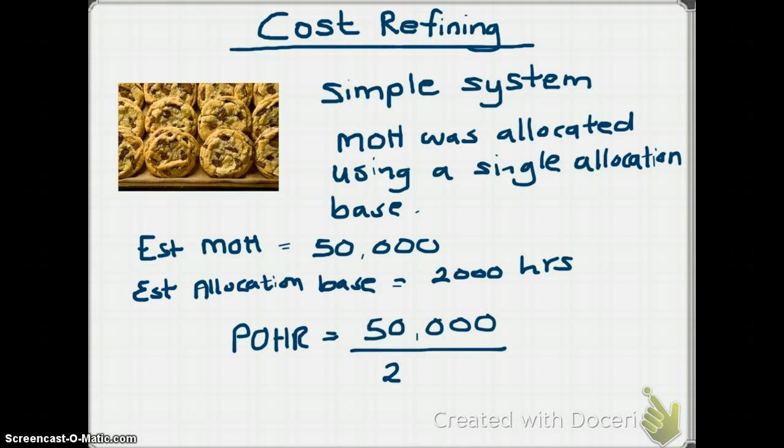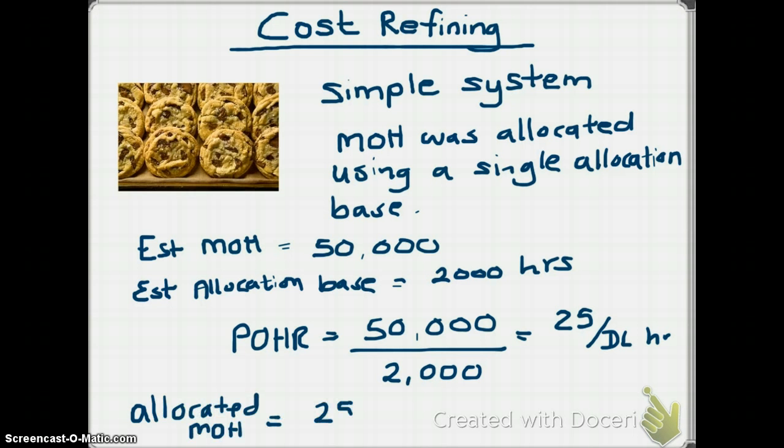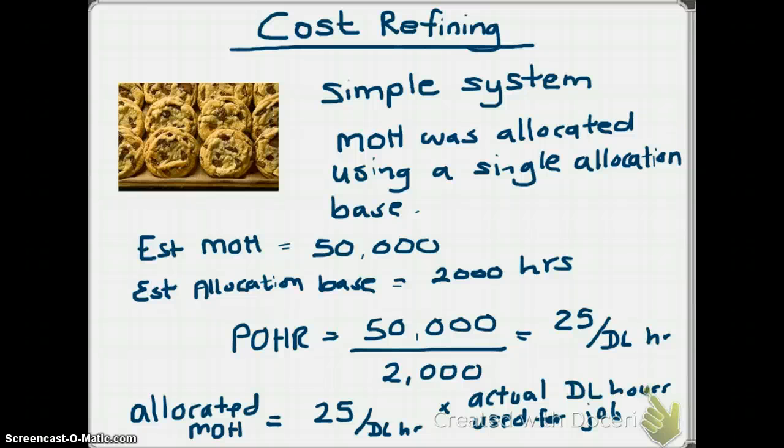We calculated our predetermined overhead rate to be $25 per hour. And then every time we worked on a job, we allocated manufacturing overhead at $25 per hour multiplied by the actual number of direct labor hours used for the job. We use direct labor hours because in this example, I told you that the allocation base was direct labor hours.